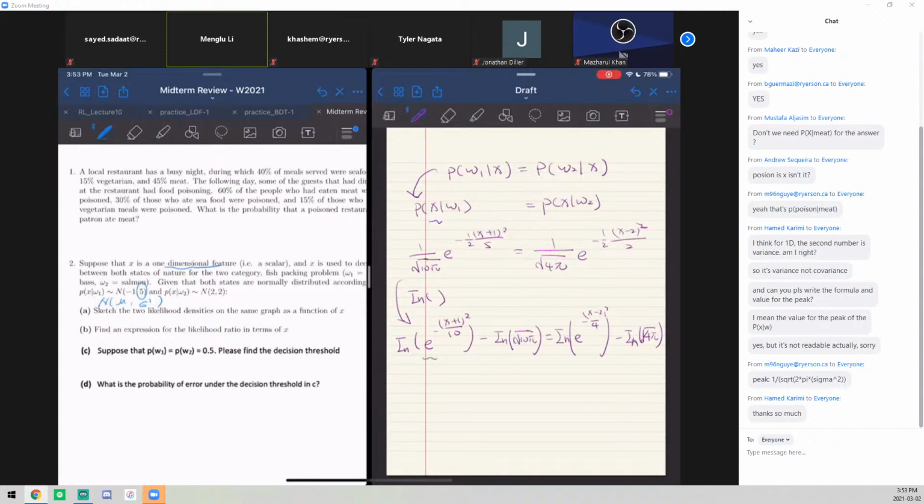Because it's an exponent and a log, we can get rid of both of them. This part is simplified as this, and we take the square out.